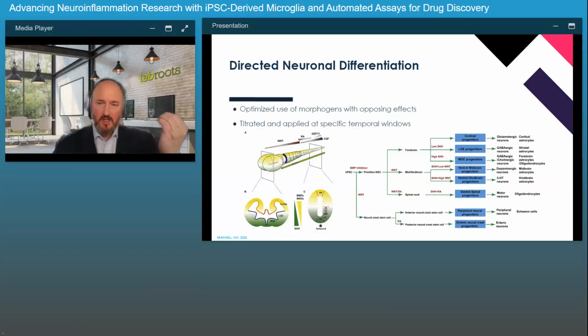So you're starting from a stem cell, and in the beginning, you might be adding one small molecule and then another, and you're driving it down these different lineages, whether it is forebrain or midbrain or spinal column, and then further differentiating into those specific subtypes.